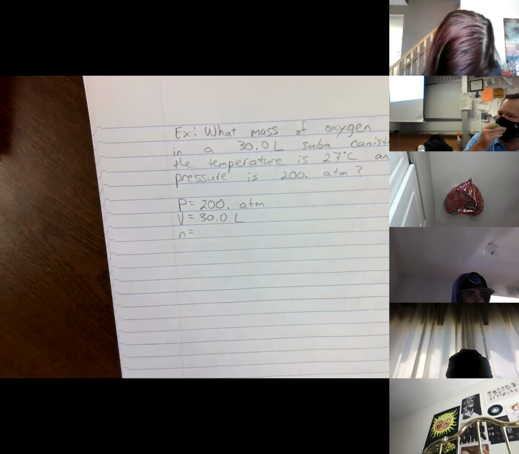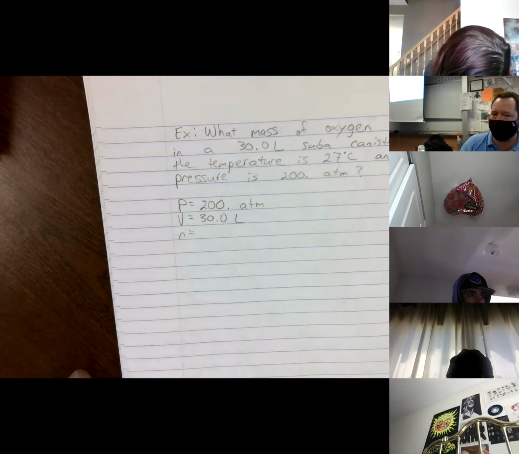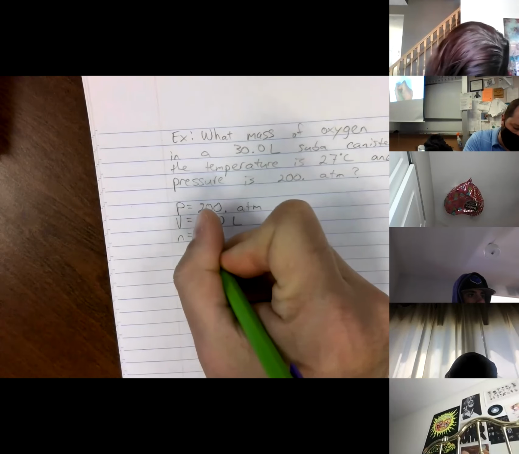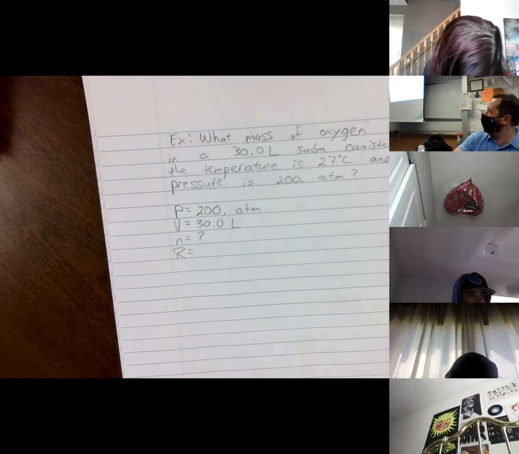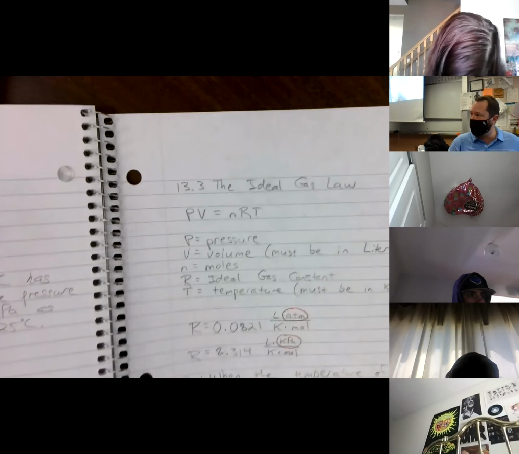The number of moles, again, I know that's not what the question's asking for, but we have to sit here and we have to say, hey, we can go moles to grams. So let's solve for moles. That's our question mark. Our R value, well, let's choose the right one. We're working with atmospheres this time. We'll work with the 0.0821 value.